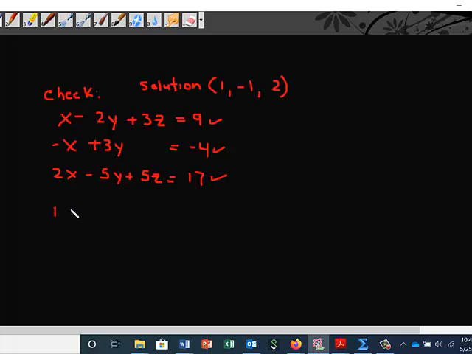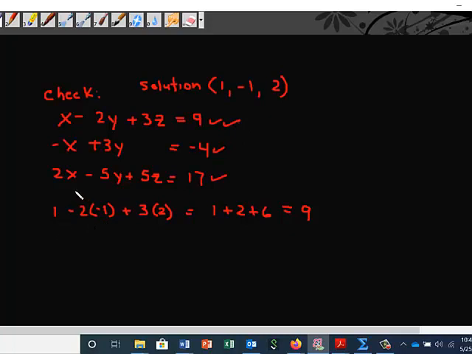So 1 minus 2 times negative 1 plus 3 times 2, what is that going to give you? Well, 1 plus 2 plus 6 is going to equal 9. So that means that this is correct here.